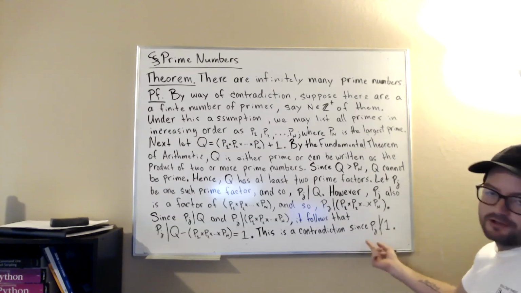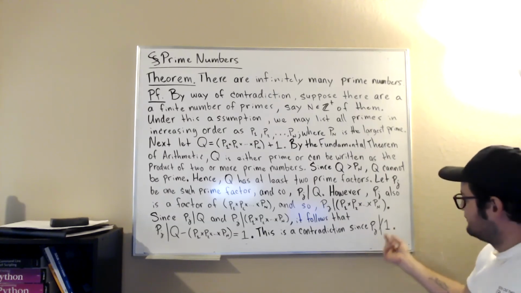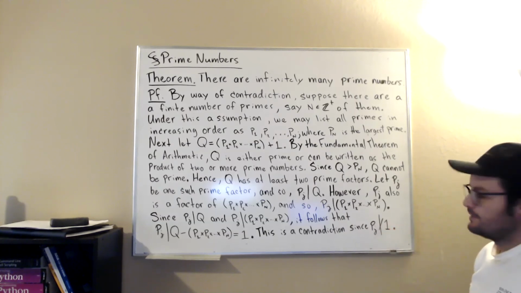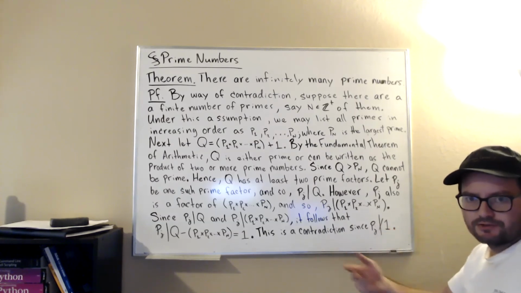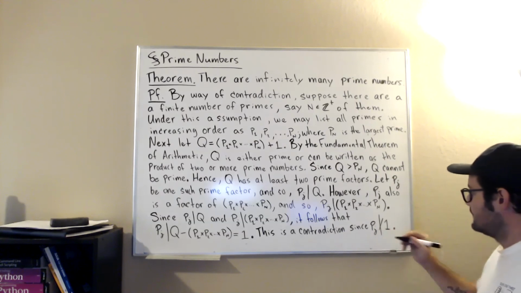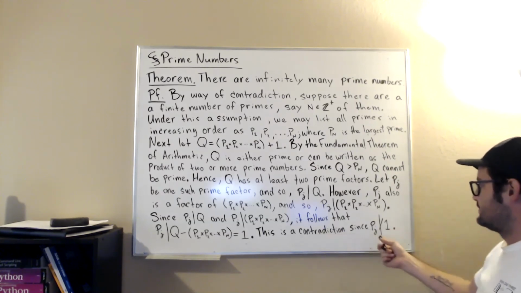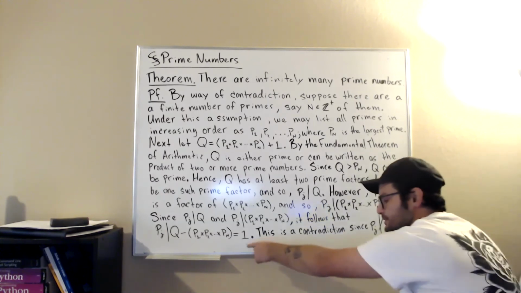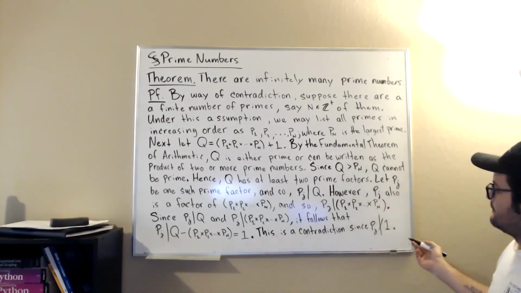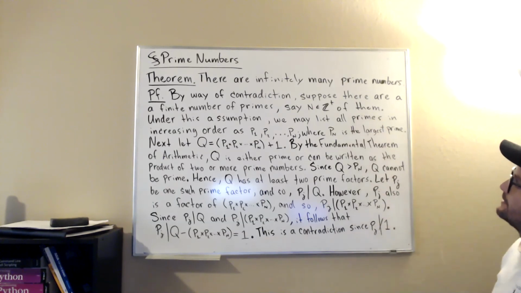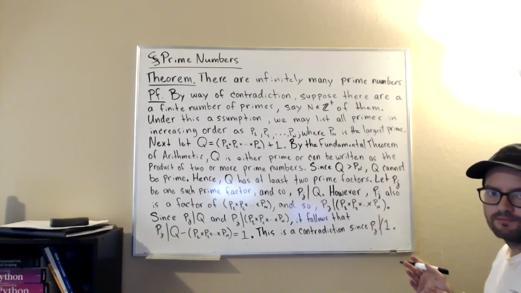The primes start at 2. So none of those can divide 1. I mean, by division, we're talking about integer division. Okay? So this is a contradiction since Pj cannot divide 1, but it also divides 1. So it follows that there must be infinitely many prime numbers.